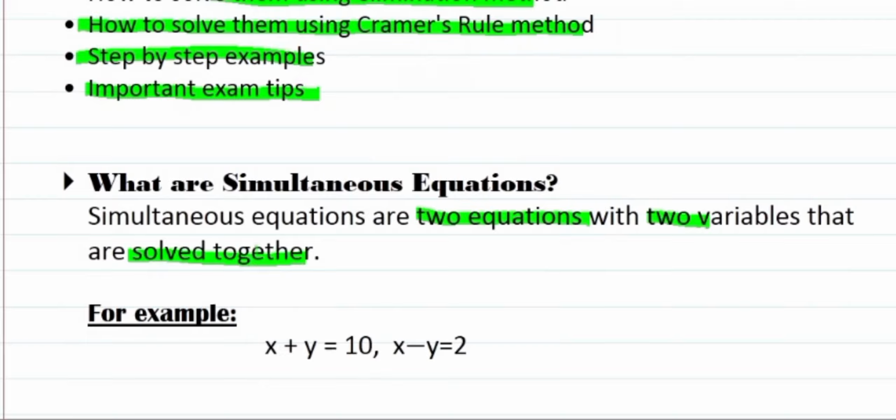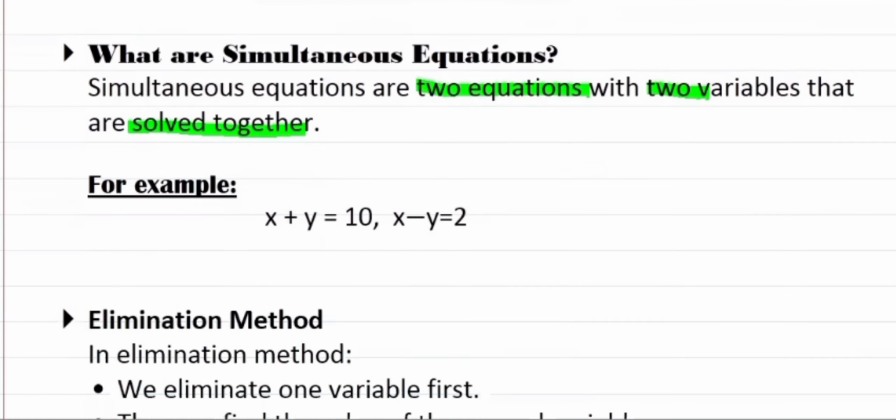For example, I have two equations. First one is x plus y equals 10. Second one is x minus y equals 2. This is an example of simultaneous equations because we have two equations and the variables in these equations are x and y, meaning two variables.